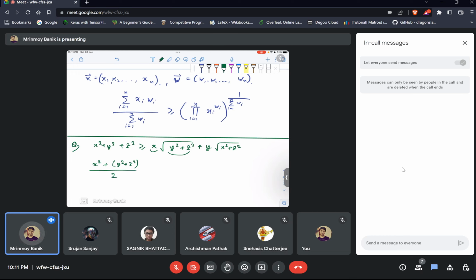So now you have two observations basically: one is x squared and the other one is y squared plus z squared. And you can just write x squared times, which is x times root over y squared plus z squared.